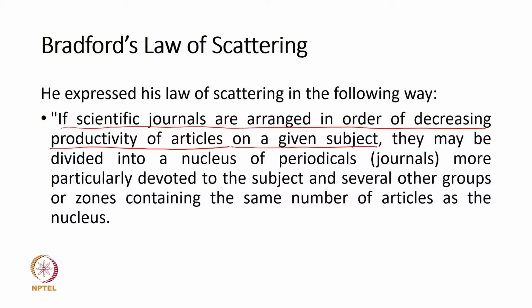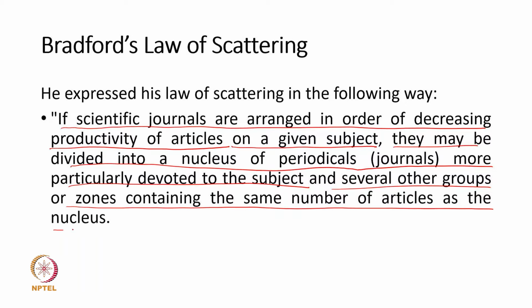On a given subject, they may be divided into a nucleus of periodicals or journals more particularly devoted to a subject, and several other groups or zones containing the same number of articles as the nucleus.